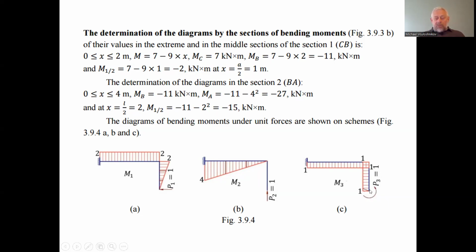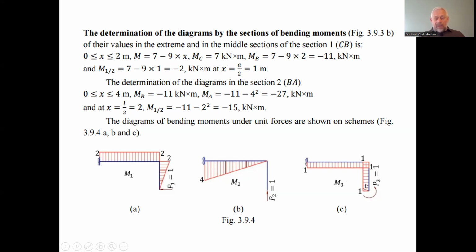We apply a unit moment. We denote it as P, but P is not a force, it is a moment, P3. And this causes an even distribution of the bending moment on the element BC, and the same on the element AB.